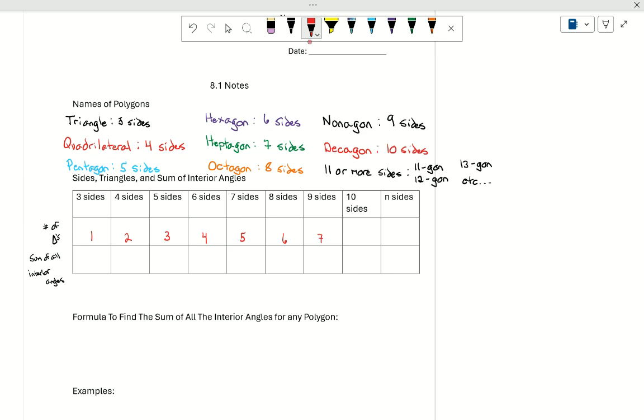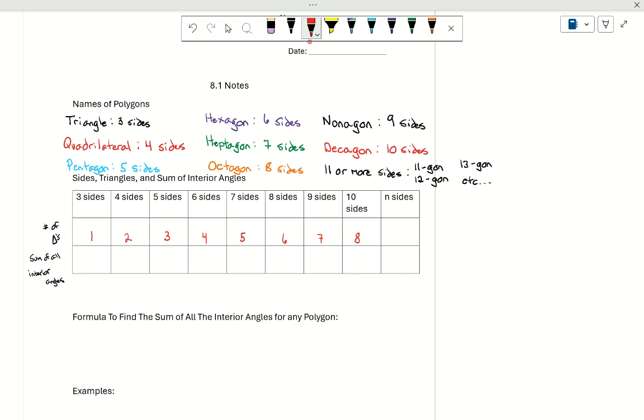We did all of this in the previous class, and we did not do a 10-sided, but if you notice, the number of triangles is always 2 less than the number of sides. So if we have a 10-sided shape, that means we are going to be able to create 8 triangles inside that 10-sided shape.